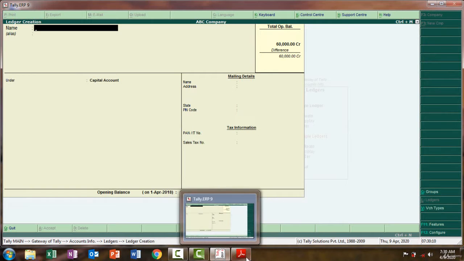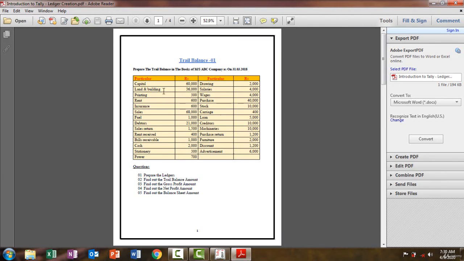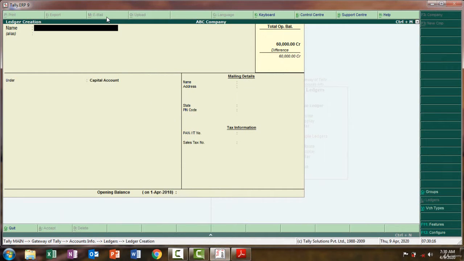The second one is land and building, 36,000. I type land and building.